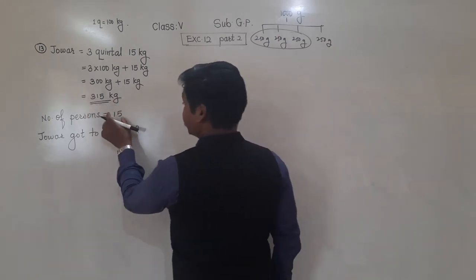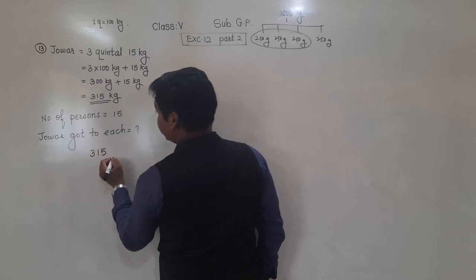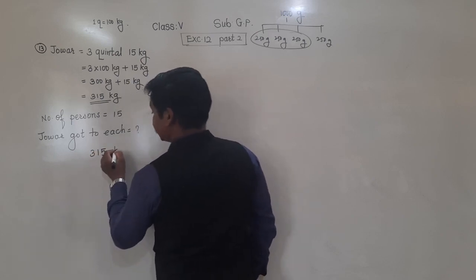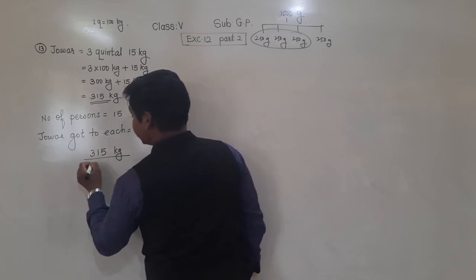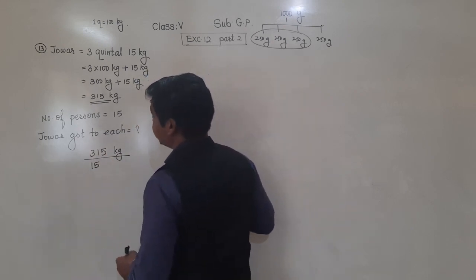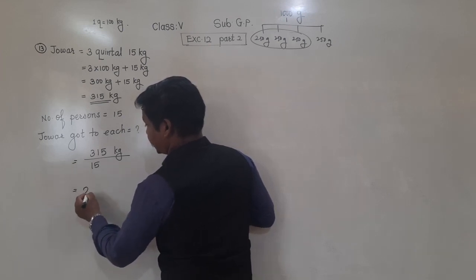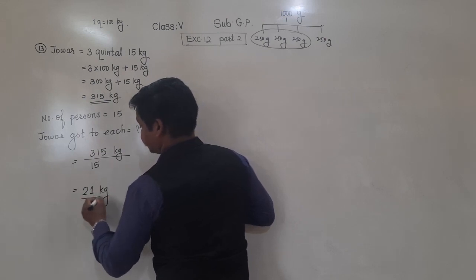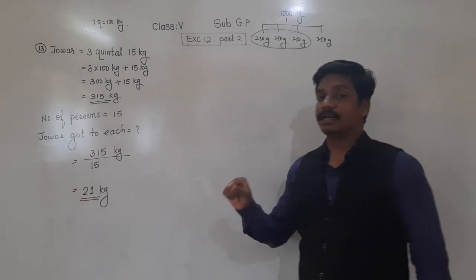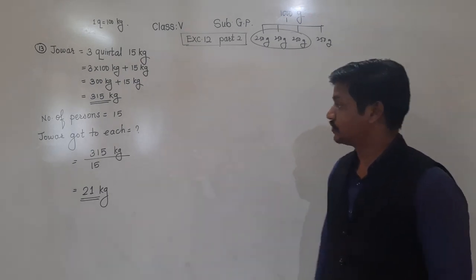Total jowar is distributed among 15, so 315 kg jowar we need to divide among 15. So 315 divided by 15. 15 2s are 30, 15 1s are 15. 21 kg. So 21 kilogram of jowar each of the 15 persons got.